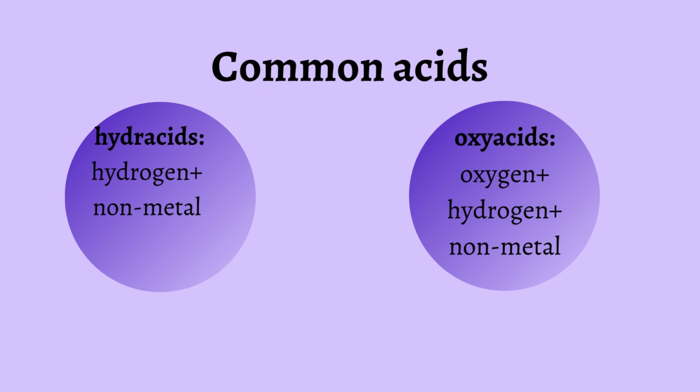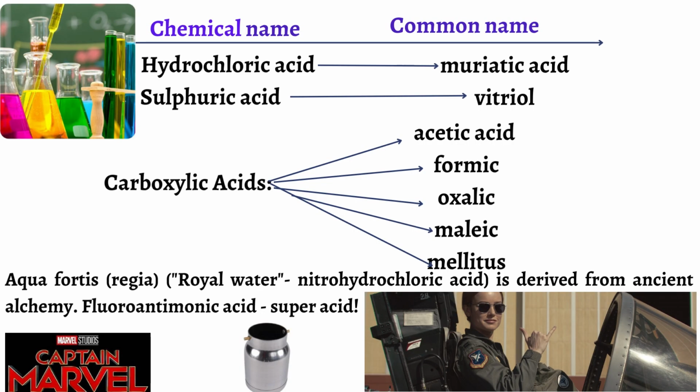Common acids are firstly hydroacids containing hydrogen and nonmetal, and oxyacids containing oxygen in addition to hydrogen and nonmetal. Each acid has a chemical name and a common name. Chemical name, hydrochloric acid, and common name, muriatic acid, and it is probably the most dangerous to humans.